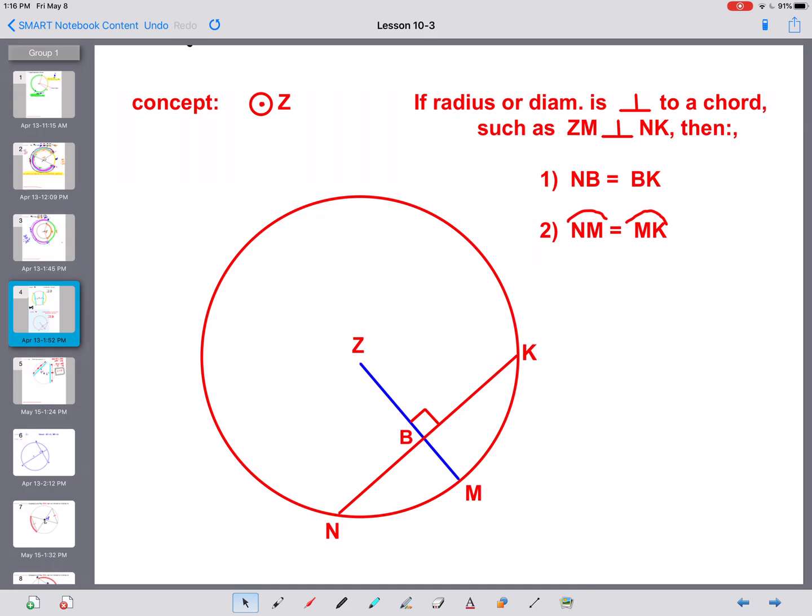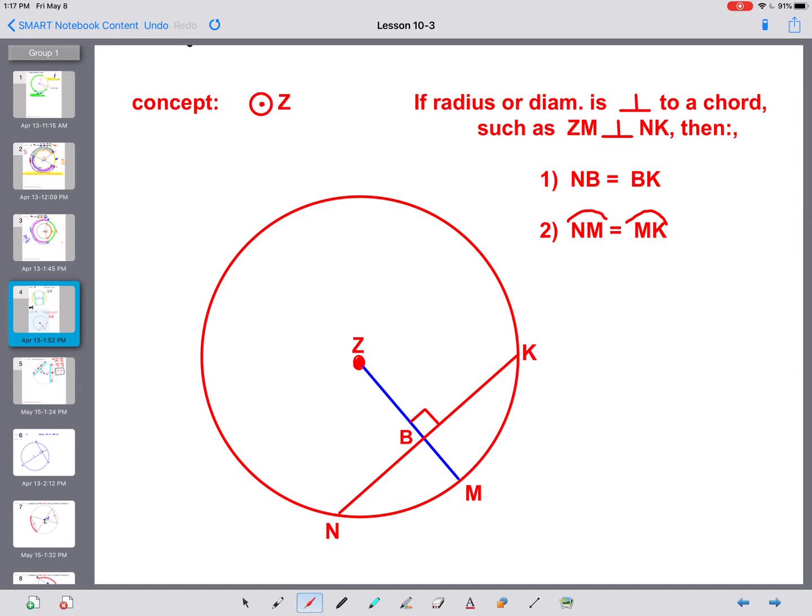Okay, now, here's our center. Our center is at Z. Now, notice what we see here. ZM, the blue segment, is the radius. Notice it's perpendicular to the chord NK.